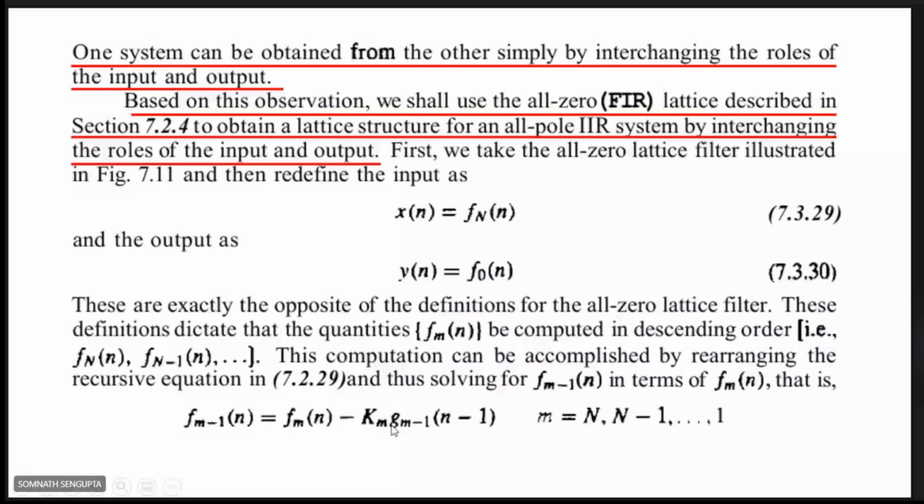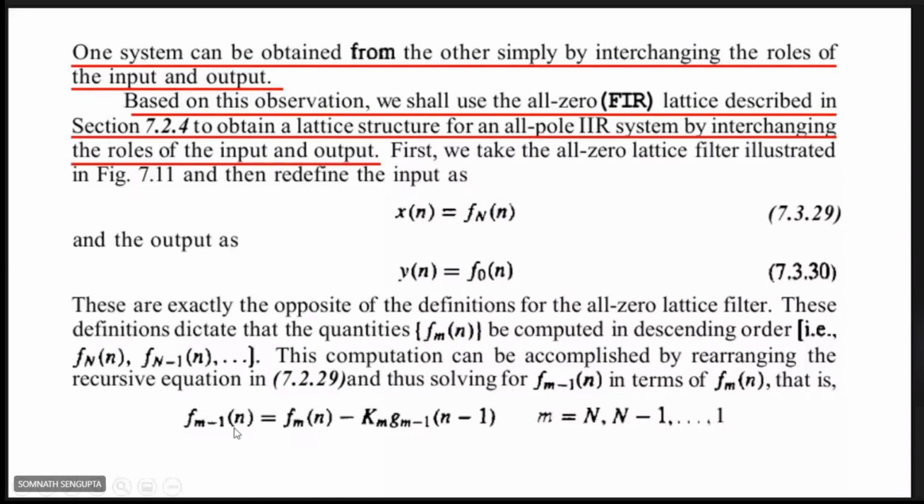Okay, so this means that the output of one stage, let us say f_{m-1}(n), is not dependent on the previous stage, it is dependent on its subsequent stage outputs, that is f_m(n), because feedback is considered.